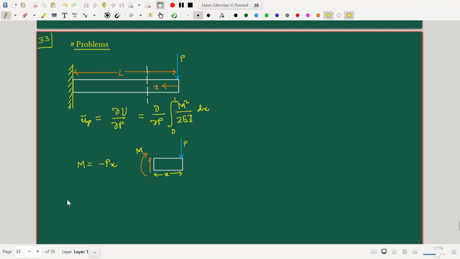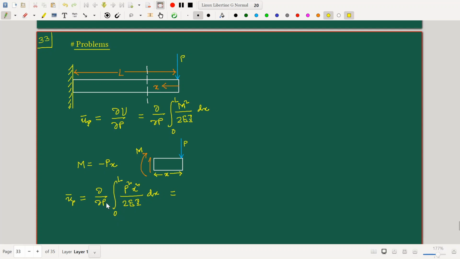So our U P bar is equal to del P, and over here we can just substitute this thing. So it will be P square x square by twice EI dx, and please note that of course I have to write the integration limits.